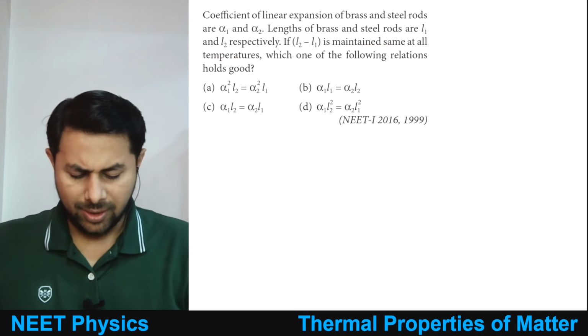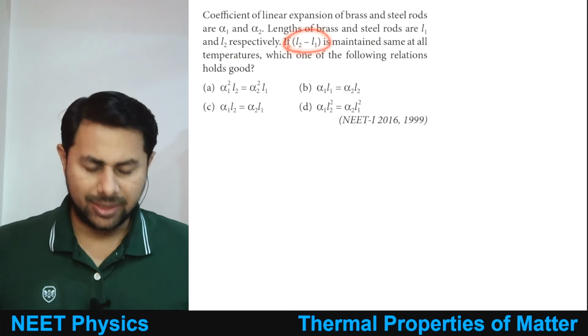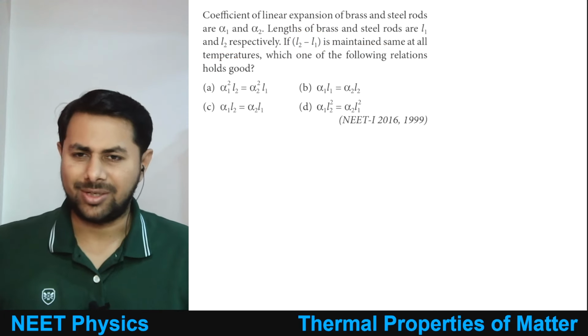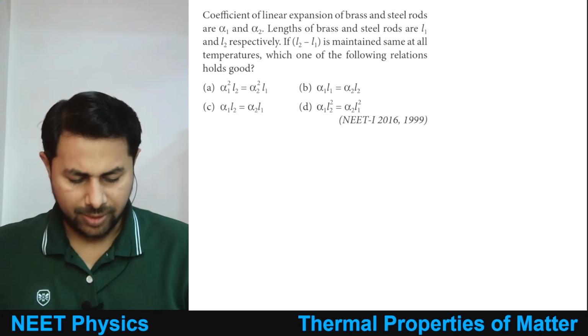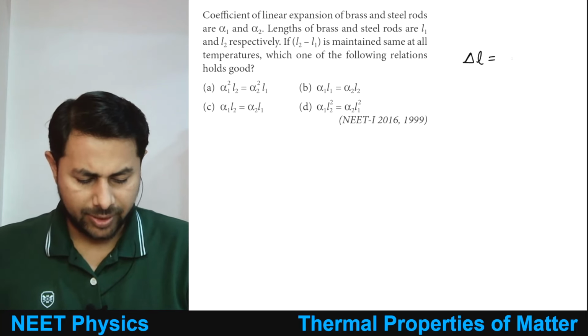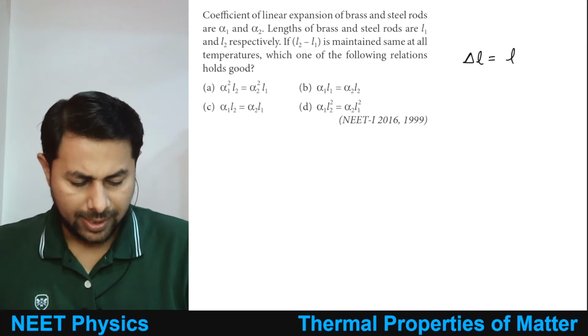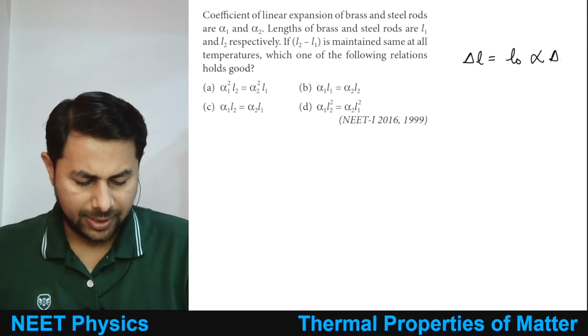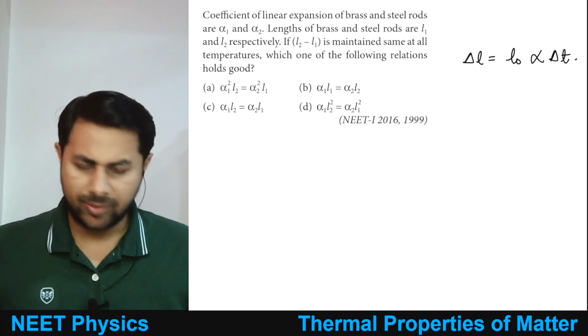So L2 minus L1 is maintained same at all temperatures. This is given, right? Remember, we have this formula that delta L is equal to L naught multiplied by alpha delta T. So let's write it for brass.